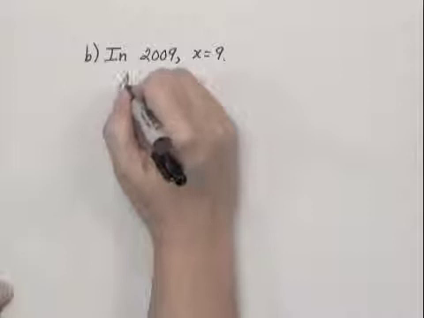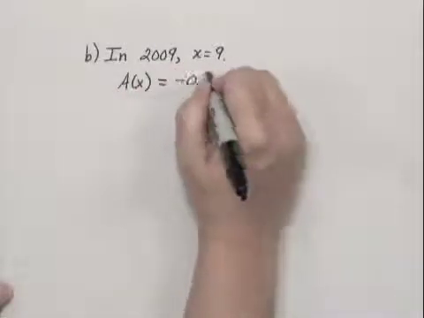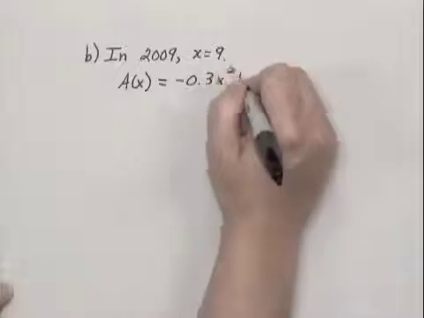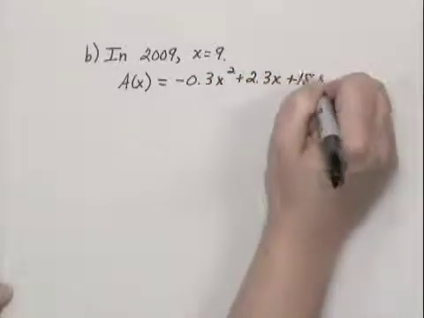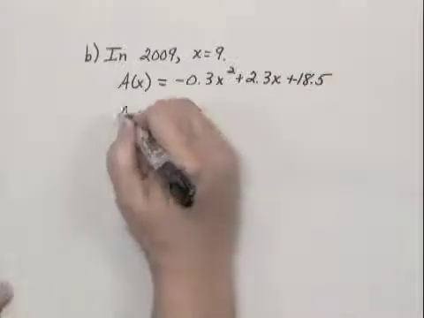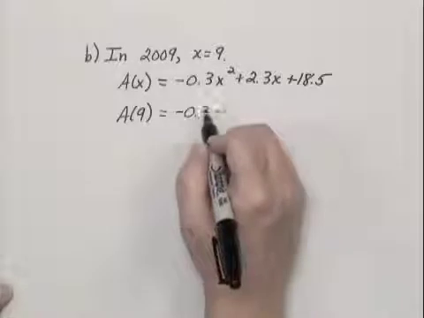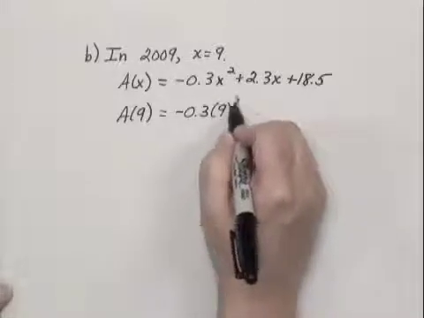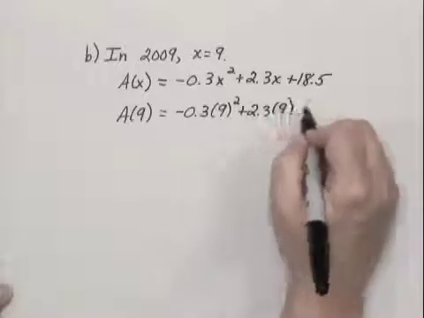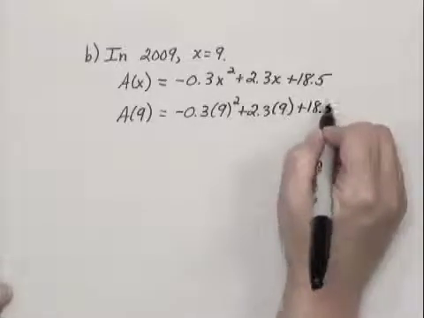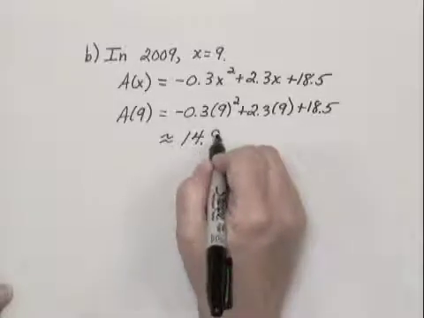So since A(x), I'll copy that here so we can see it, equals negative 0.3x² plus 2.3x plus 18.5, A(9) would equal negative 0.3 times 9 squared plus 2.3 times 9 plus 18.5, which would be approximately equal to 14.9.